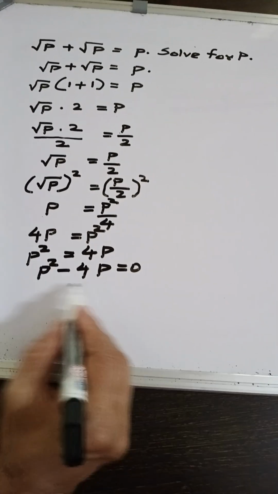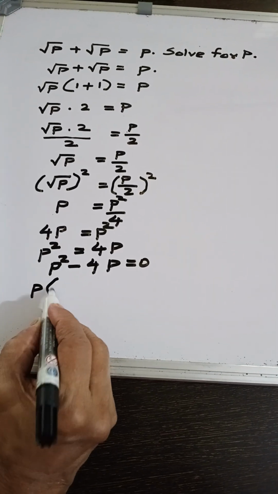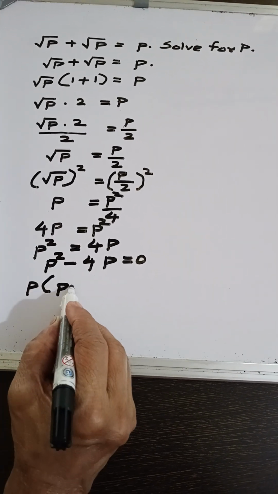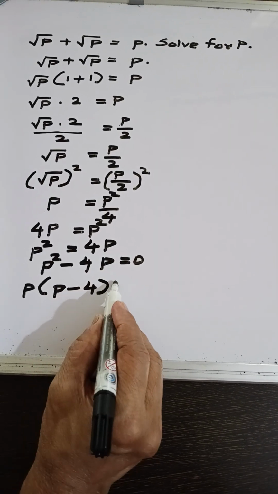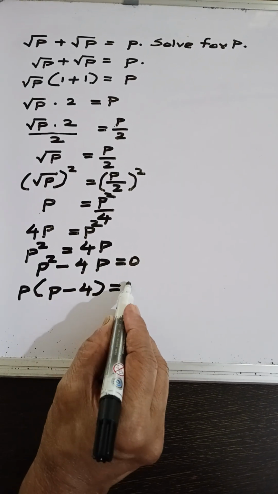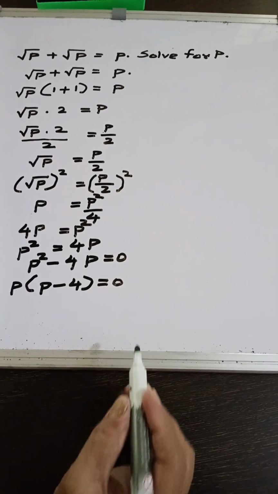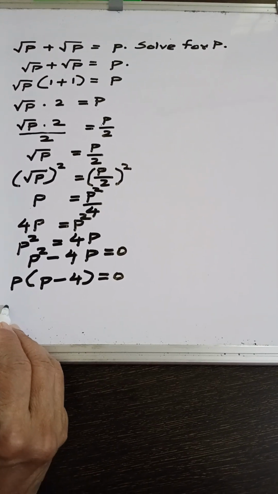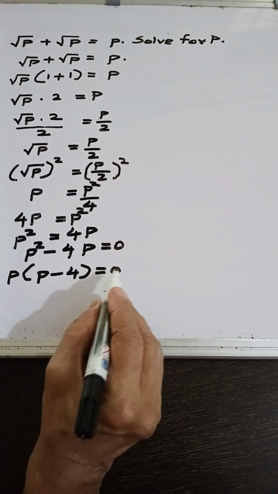I am taking p as common. p into p minus 4 equals 0.